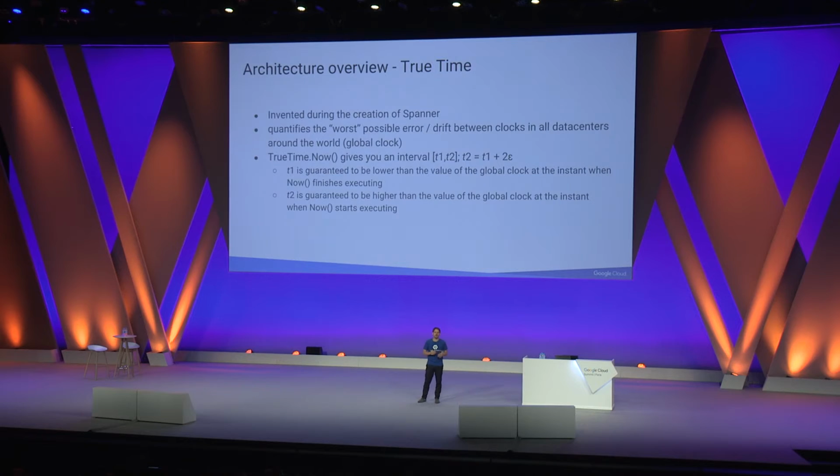The upper bound that you get is a timestamp that has passed nowhere in the world, and you can be sure that this is the case. We use this to select the leaders and make sure that we have exactly one leader and one Paxos group for a split. And by that, we can ensure that we have global consistency.